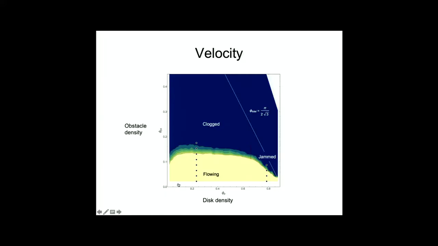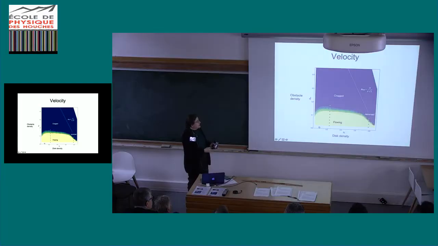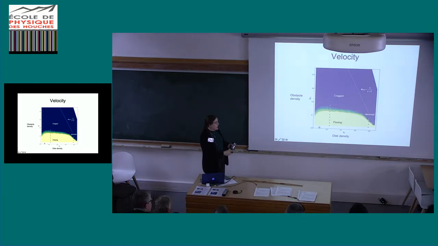Okay, so we did a more thorough study looking at the velocity of the system as a function of the density of the grains. And so we see these two regimes, the flowing regime and clogged. At high disk densities close to jamming, we get this behavior I showed you before, which is dominated by the jamming transition, where we're linearly decreasing our jamming density as a function of the number of obstacles.